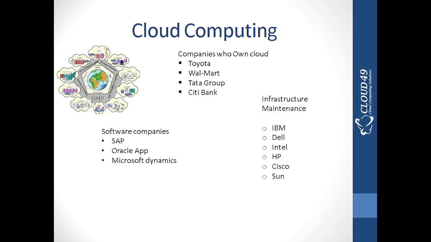Toyota is a company that has its own cloud network. Walmart, Tata Group, Citibank, and Microsoft are also there. Software companies like SAP, Oracle Apps, and Microsoft Dynamics have their own cloud. Infrastructure maintenance companies also have their cloud: IBM cloud, Dell cloud, Intel cloud, HP cloud, Cisco cloud, Sun Solaris cloud. So these companies have their own cloud and use the cloud computing model.